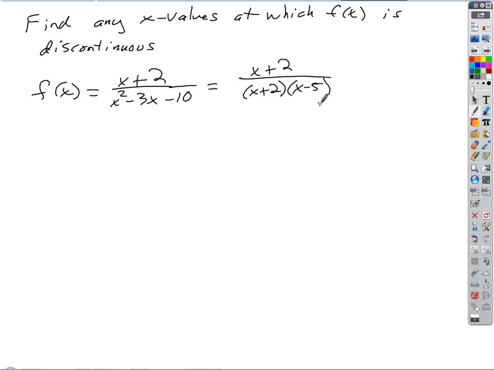So that tells us something important. Whenever we have a common zero of the top and the bottom, that always corresponds to a hole on a graph. But if we get a value of x that is a zero of the denominator and not the numerator, that's a much, much bigger deal. If I evaluate this at x equals 5, I'm gonna get some number divided by 0, which is always a vertical asymptote.